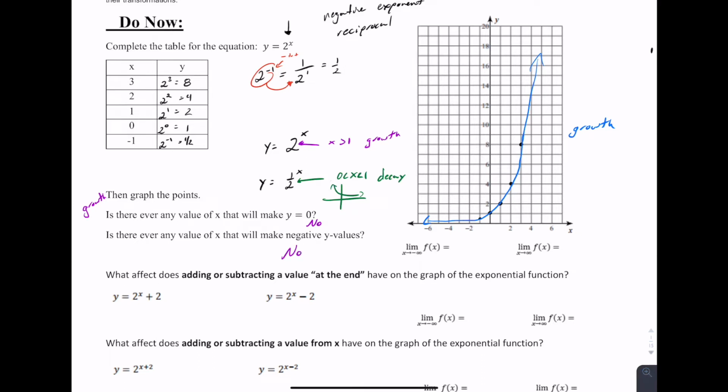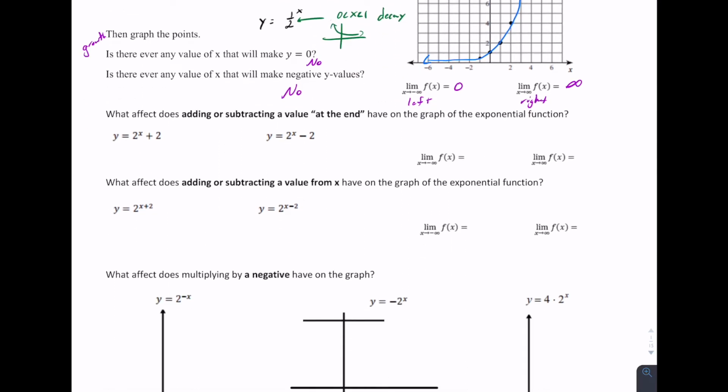No. So notice as x goes to negative infinity, which means you go infinitely to the left, this is going to go to 0. And then if you go infinitely to the right, then this goes to positive infinity. For decay, it's kind of like the opposite. When you go left, you go up to infinity, and when you go right, you go down to 0, as you can see right here.